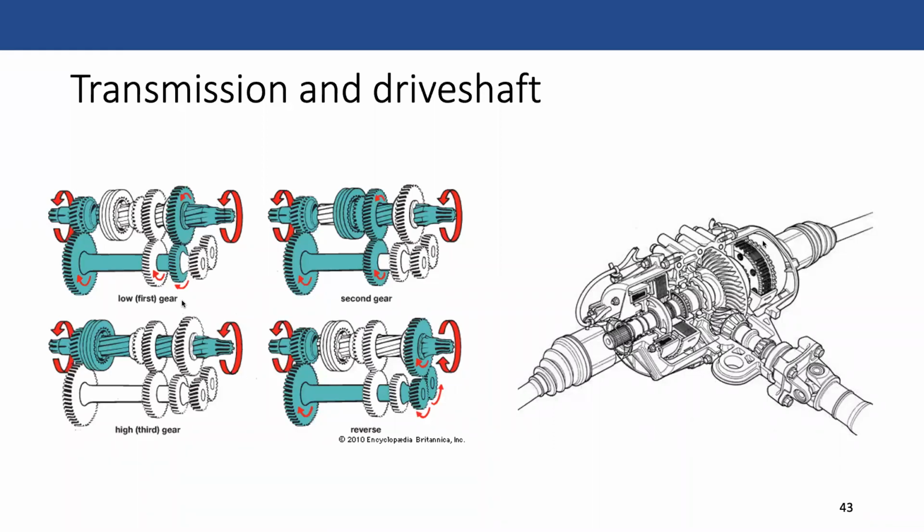In fact, I know in some schools, you could actually take entire classes just on how a transmission works. So we're obviously not going to get into that. It's basically a system of complex gears that allow you to translate the rotation of the crankshaft into rotation of your wheels.